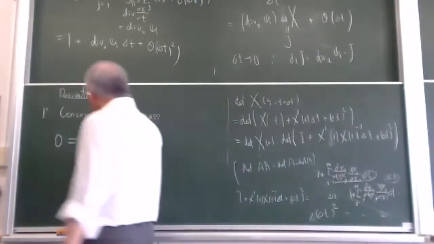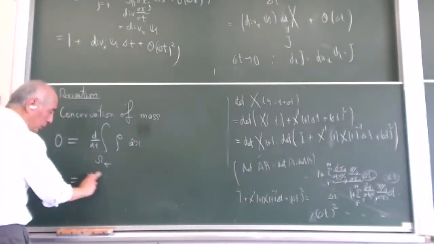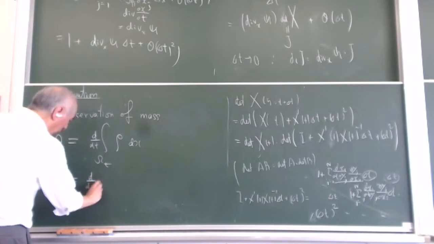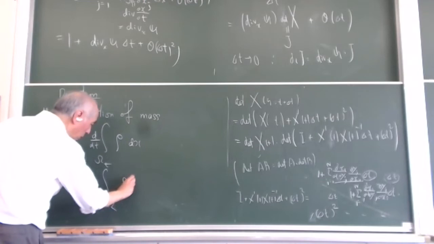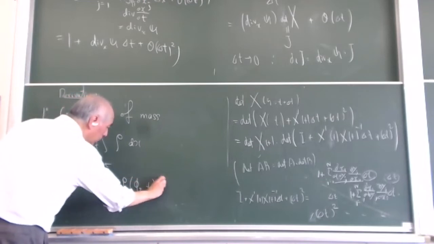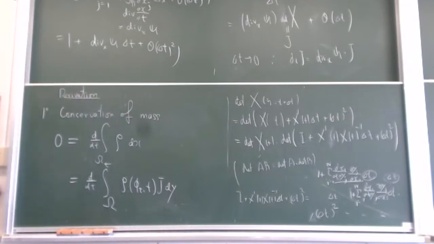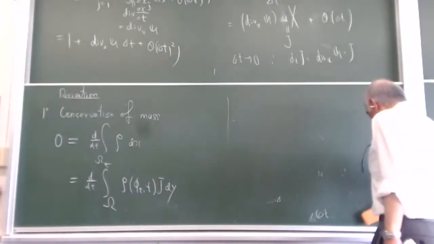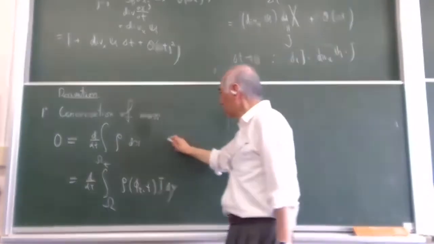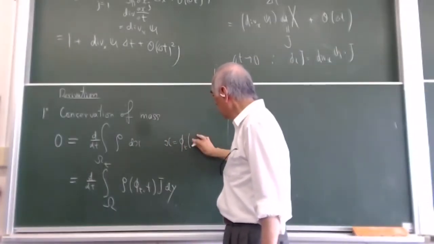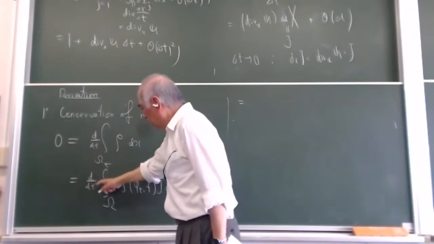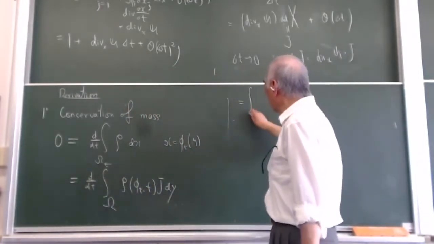Then, because omega t is also changing according to time, I want to use the Lagrange coordinate. Then now you can put the d dt inside.